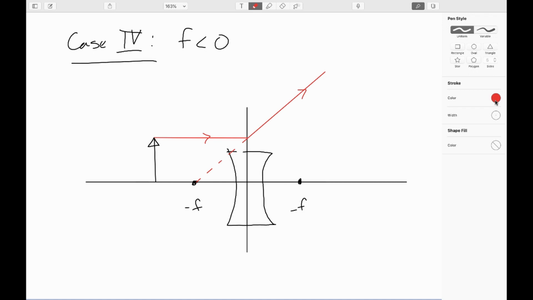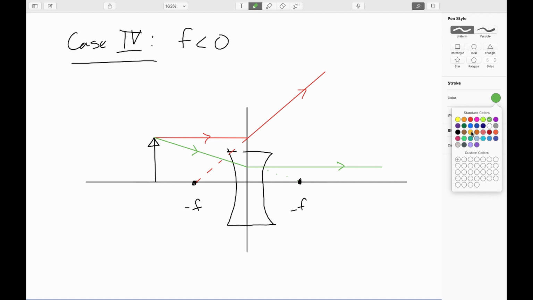Okay, let's go ahead now and do the focal ray. So the focal ray will be the one that is aimed for the focal point, like so. I'll just put in a few dots to remind ourselves of that. And that one will bend out parallel, just like it always did.